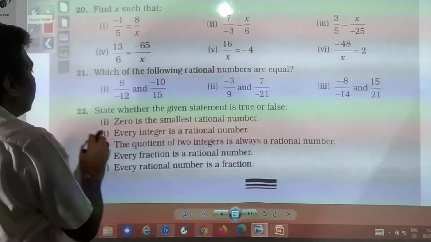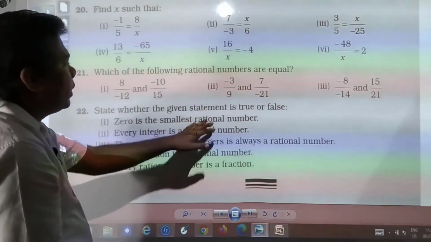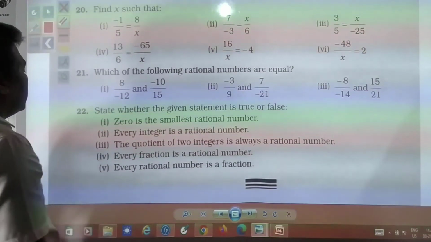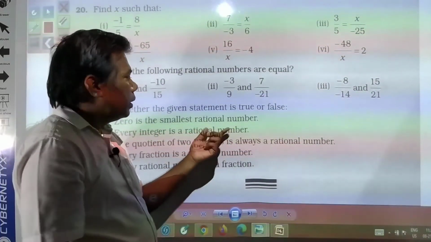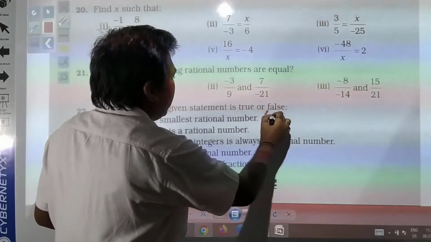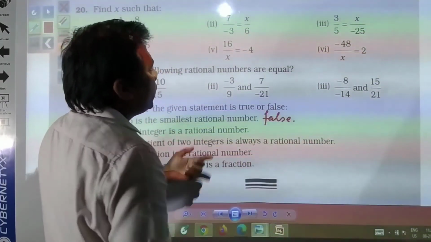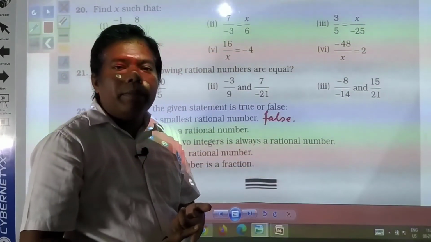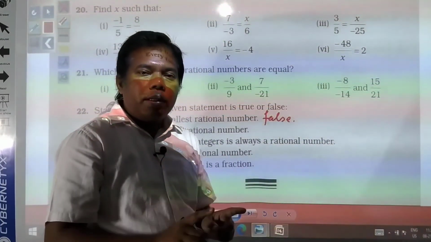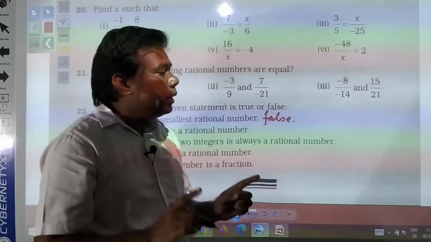Then you have, state whether the given statement is true or false. 0 is the smallest rational number. This is false. Why? Because just you see, rational numbers are what? Rational numbers can be expressed in the form of p by q, where p and q are integers.